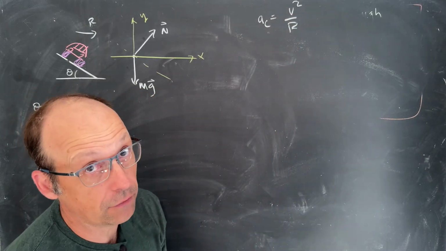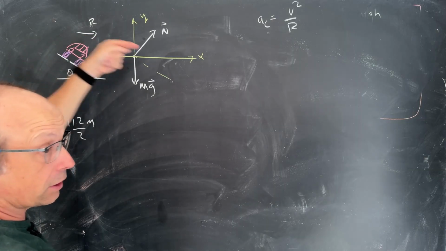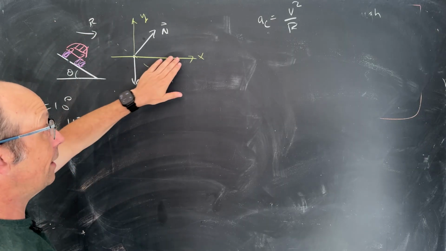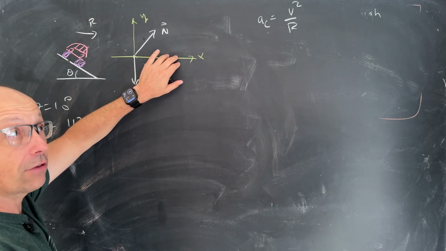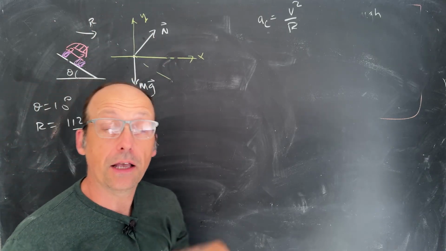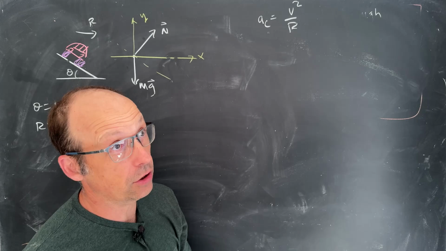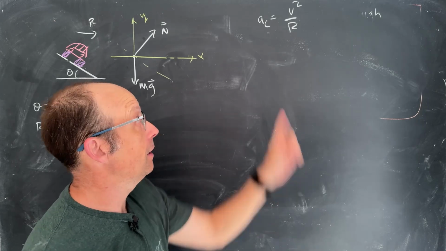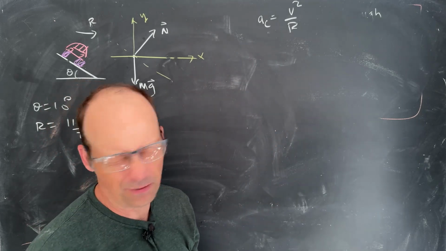So the direction of the acceleration is this way, towards the center of the circle. That's why I put my x-axis that way, because now my acceleration is along my x-axis, and the acceleration in my y-axis is 0. If you did it the other way, you'd have an acceleration in both the x and y axes, and you'd need to find the magnitude. So it's just not a fun thing.